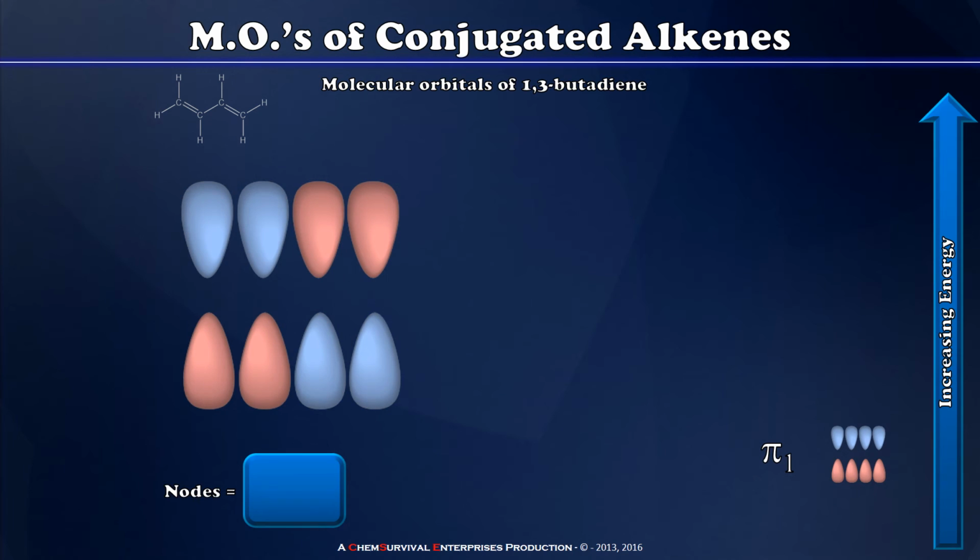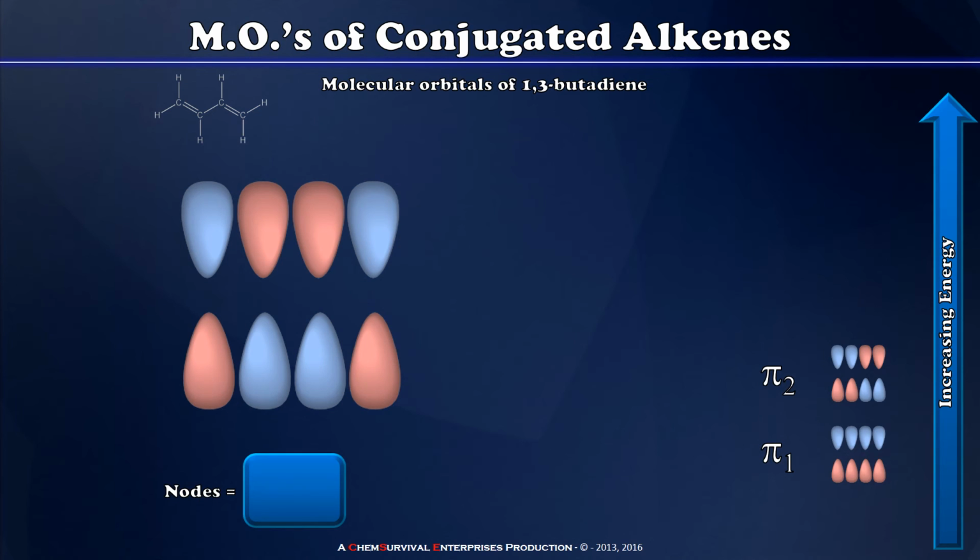The second arrangement that I'm going to look at is one in which we have 2 up and 2 down on the opposite sides of the molecule. When we have this alignment, we get 1 node directly through the middle of that particular molecular orbital. So I'm going to have to put this one a little bit higher on my diagram. We'll call this one pi 2.